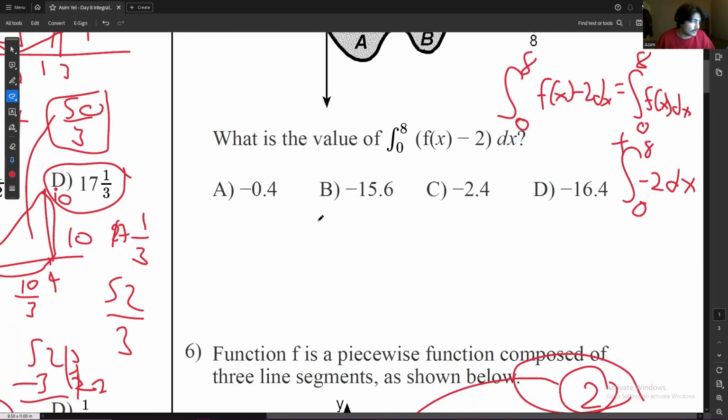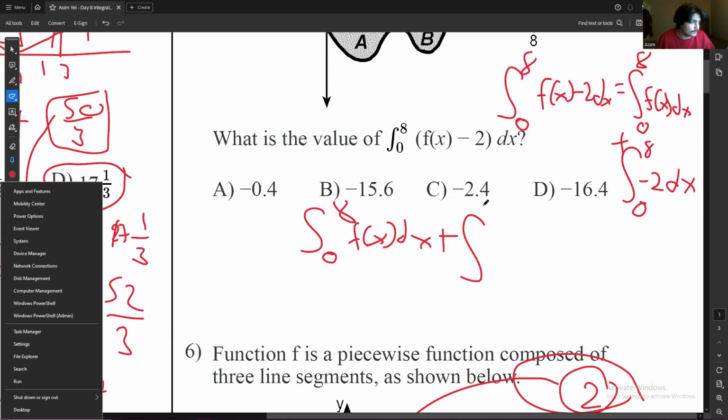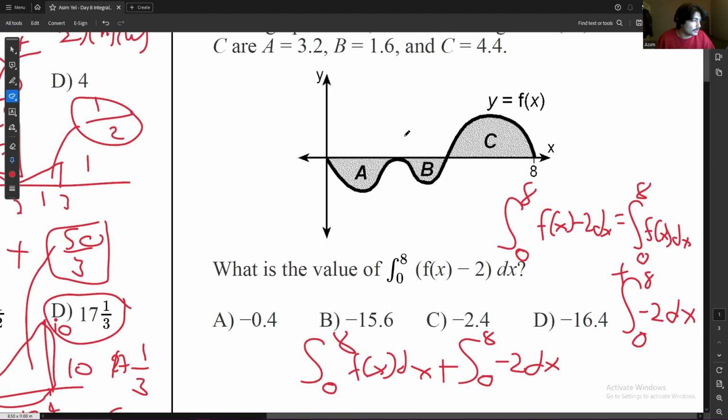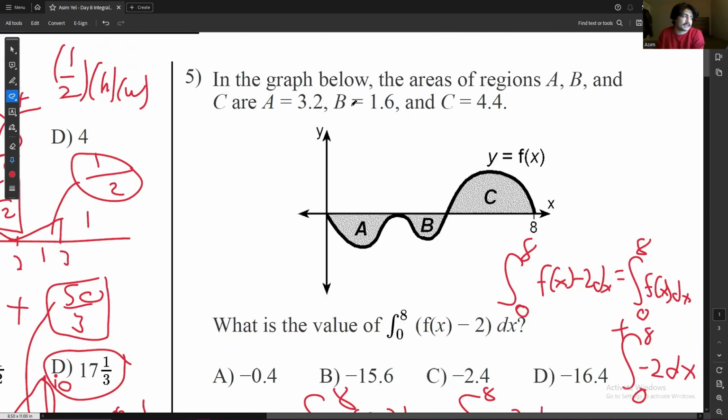Let me just actually write it over here. What I've got to find is the integral 0 to 8 of f(x) dx plus the integral 0 to 8 of -2 dx. Okay, now what is the integral 0 to 8 of f(x) dx? So basically, I got my areas. A is 3.2, but guys, make sure this is under the x-axis. It's under, so I will get a negative value, -3.2.